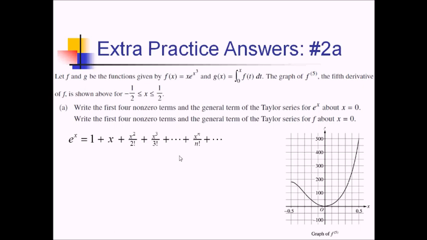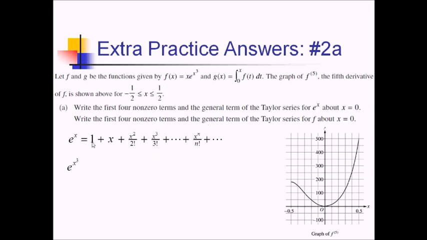But now we need to write out a series for f of x. So let's do this one transformation at a time. I'm going to start by writing out the series for e to the x cubed. So to get that, I just have to plug x cubed in for all the x's in this series. And I'm going to go ahead and simplify as I go here because it'll help me for some problems down the line.